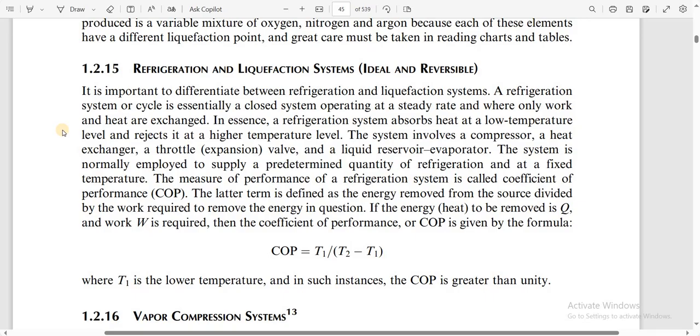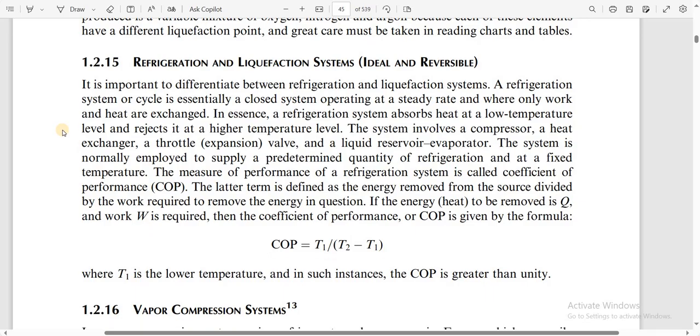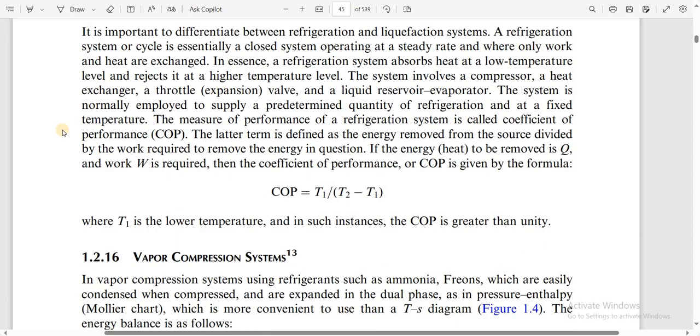If the heat to be removed is Q and work W is required, then the coefficient of performance, COP, is given by the formula COP equal to T1 divided by T2 minus T1, where T1 is the lower temperature, and in such instance COP is greater than unity.